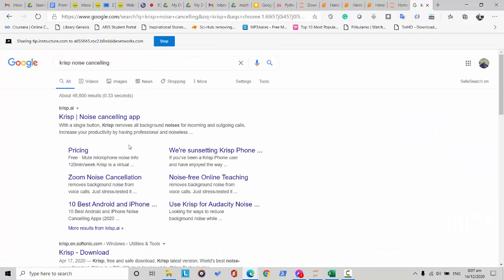It's an application, and however it's commercialized, you can get a few minutes only to try the Krisp. But it's a good noise cancelling application that with a single button removes all background noises for incoming and outgoing calls.